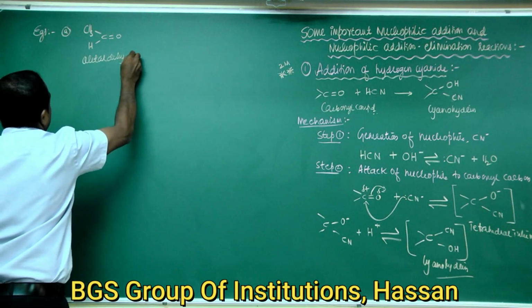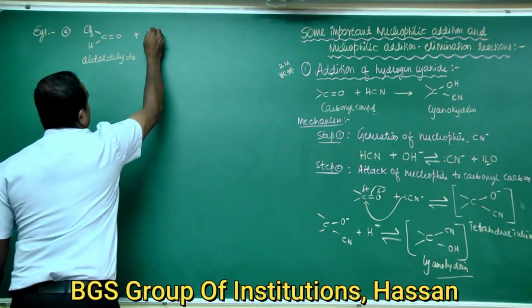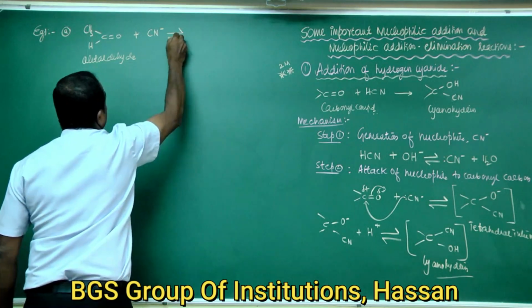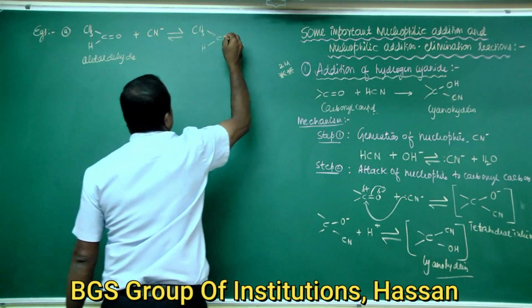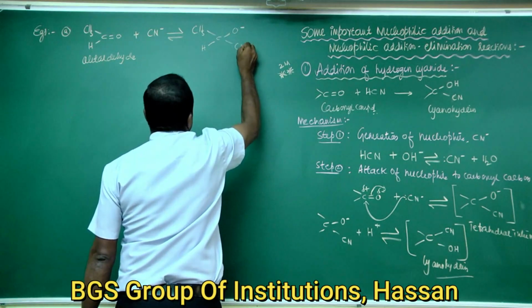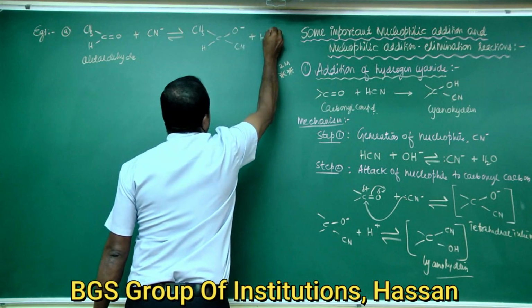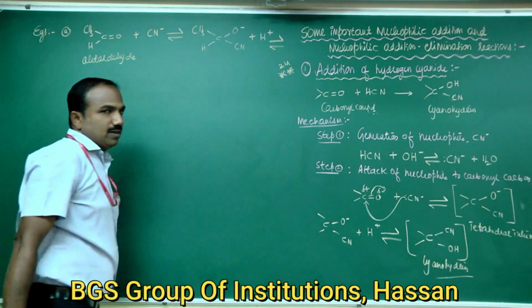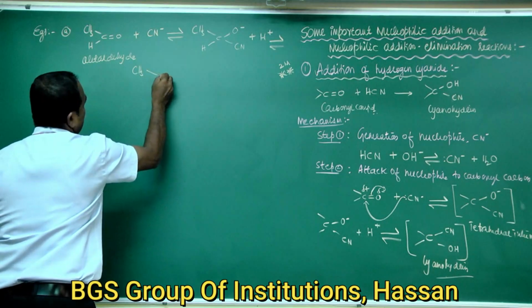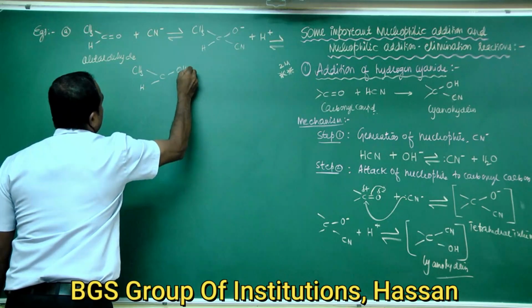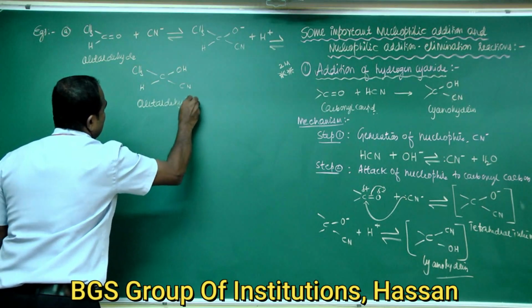It reacts with the nucleophile CN minus to form a tetrahedral intermediate, CH3CH with O minus and CN. Then a proton is added from the reaction mixture to form the product, CH3CH(OH)CN. This is acetaldehyde cyanohydrin.